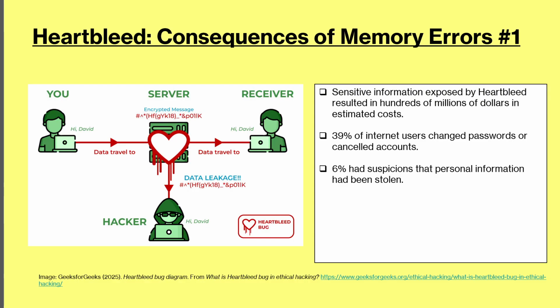However, because of this missing bounds check, an arbitrary length could be specified, resulting in the server accessing and consequently returning private random memory, which included sensitive information like usernames, passwords, or certificates, which obviously resulted in a lot of devastating consequences for users.